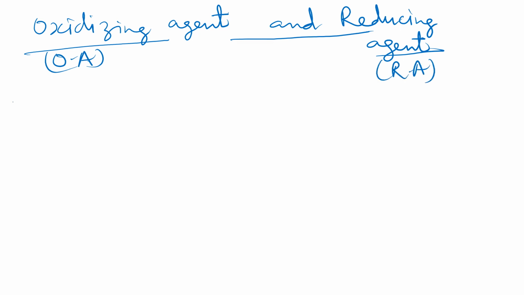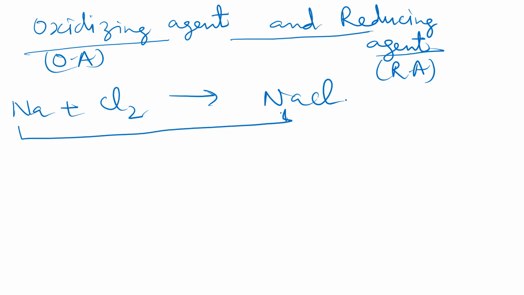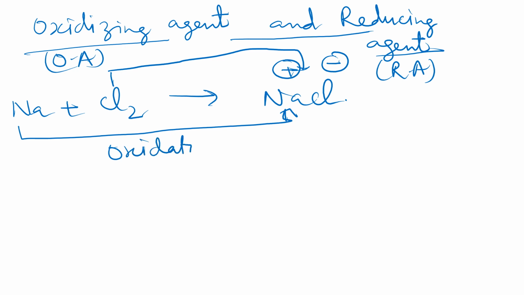If I take this example again, sodium and chlorine form sodium chloride. As I said, sodium is oxidized by losing electron and chlorine is reduced by gaining electron. So there is oxidation of sodium and reduction of chlorine. Sodium is oxidized to form sodium ion and chlorine is reduced to form chloride ion.